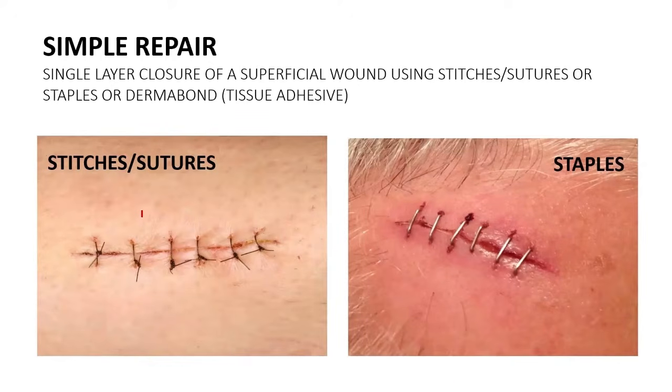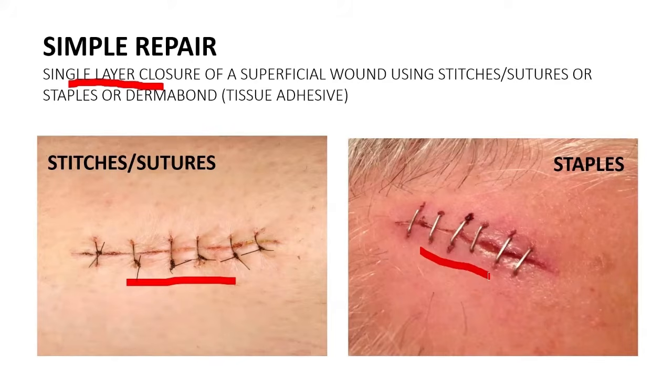Let us first understand the types of repairs, starting with simple repair. Single layer closure is a simple repair. Usually, superficial wounds that are not that deep can be closed using stitches or staples in a single layer.